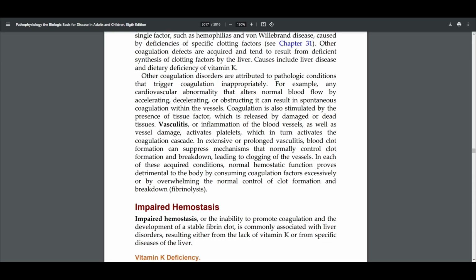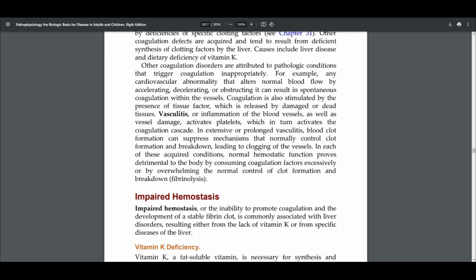Other coagulation disorders are attributed to the pathologic condition that triggers coagulation inappropriately. For example, a cardiovascular abnormality that alters normal blood flow by accelerating, decelerating, or obstructing it can result in spontaneous coagulation within the vessel. Coagulation is also stimulated by the presence of tissue factor, which is released by damaged or dead tissue.